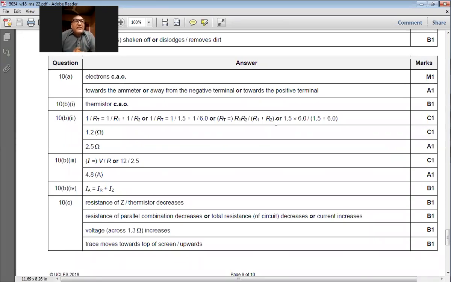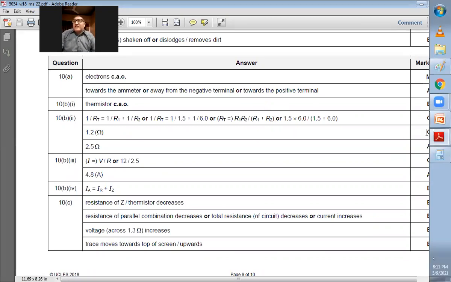Question number 10B, first part: the total resistance will be 2.5 ohm and the current coming from the battery will be 4.8 ampere. The marking scheme is in front of you. You can see our answers are right. So let's move to the next question.